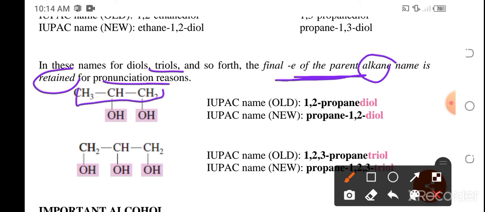So we have this as propane diol. It is attached on carbon number 1 and carbon number 2. So it is 1,2-propane diol or propane-1,2-diol.